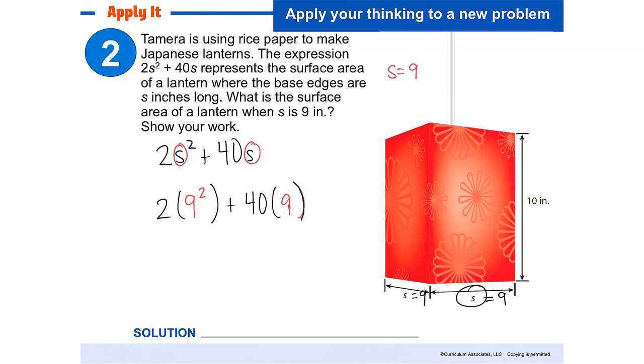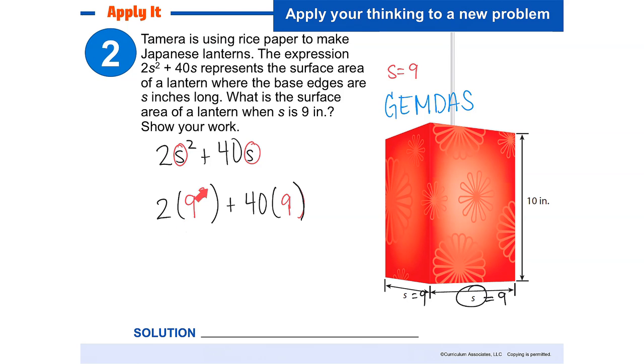And then just like always, every single time I'm working with order of operations, I like to write this acronym out to help me with what I need to start with. So the first thing I need to do is look at groupings. Are there any parentheses where something is happening inside of it? In this parenthesis, there's just a 9, so I'm not going to do anything to that.